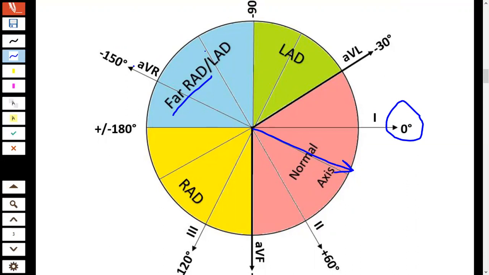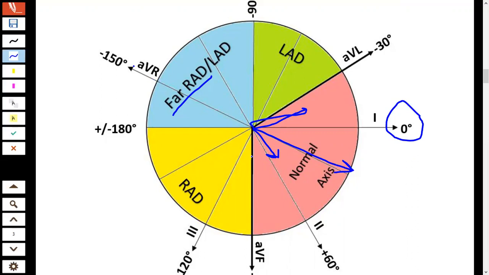All the limb leads and their vectors lie between minus 30 to AVF. If the AVR is normal, where the AVR is placed is normal, it may have the cardiac axis either here or here in any direction. So we say it all lies in the normal direction.